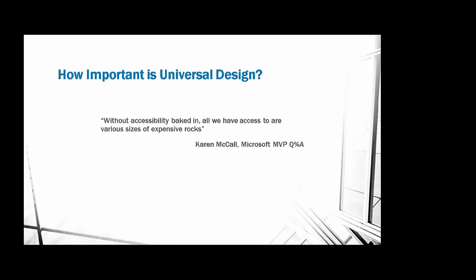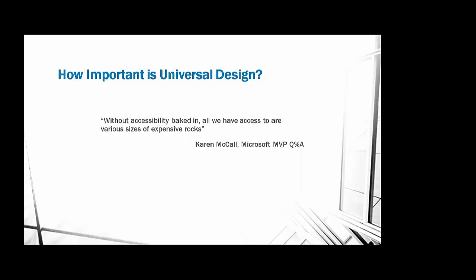This is an example of a custom slide layout that I created, and it is included in your handout on the accessible PowerPoint placeholders. And it has a title, How Important is Universal Design? And there is a quote in the middle. Notice there are no bullets with this quote.